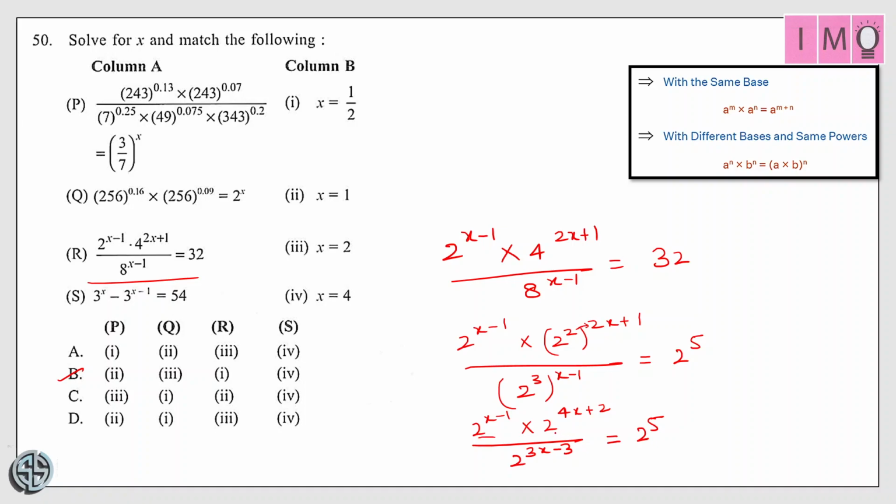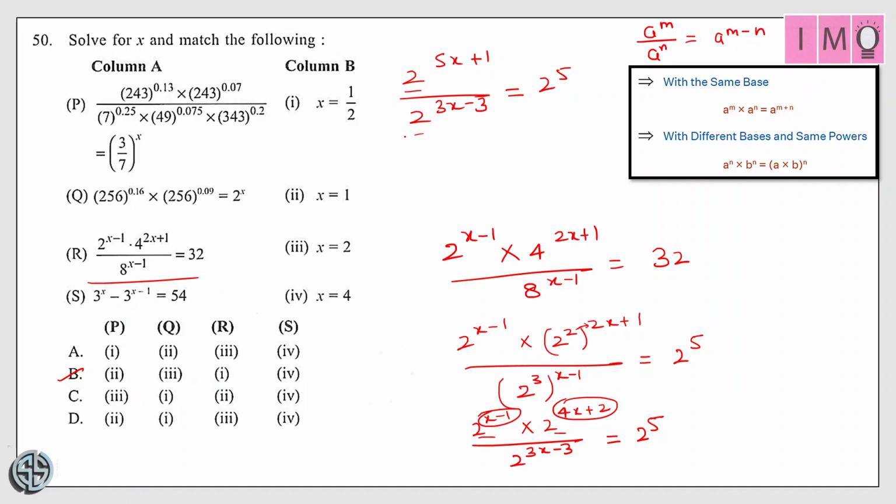Now bases are same, so the powers will get added up. So x minus 1 plus 4x plus 2, you will get 2 to the power 5x plus 1. In the denominator it is 2 to the power 3x minus 3, and you will have to compare with 2 to the power 5. Now we also have to remember this formula, a to the power m upon a to the power n equal to a to the power m minus n.